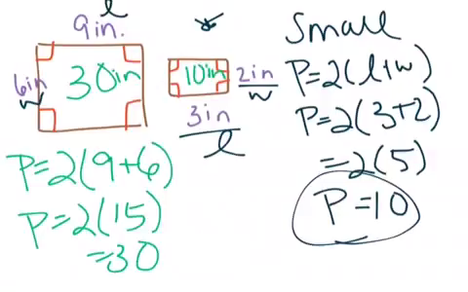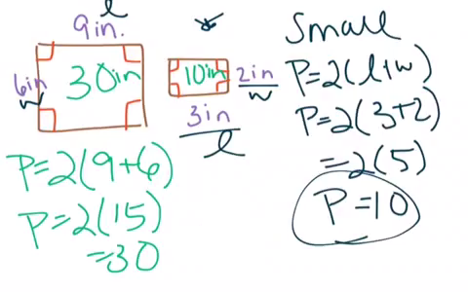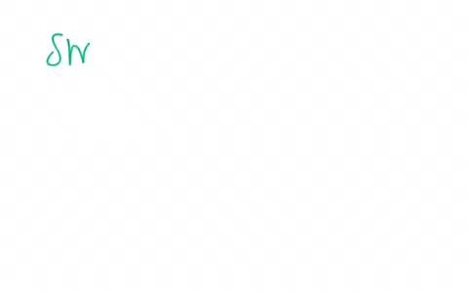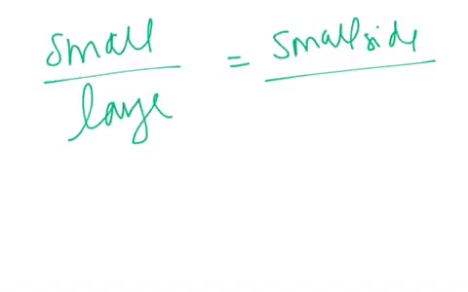Okay? So we're going to go back to this formula over here where it says perimeter of the first, or of either one up top, or the second one, and then side 1 over side 2. So we're going to do it like this. We do the small one up top. Small over large rectangle. Then we're going to do small side over large side.